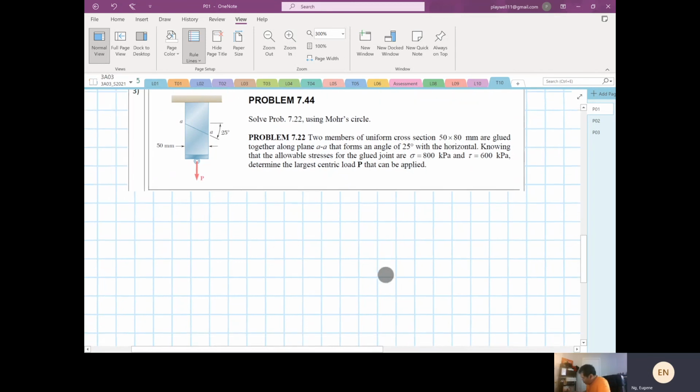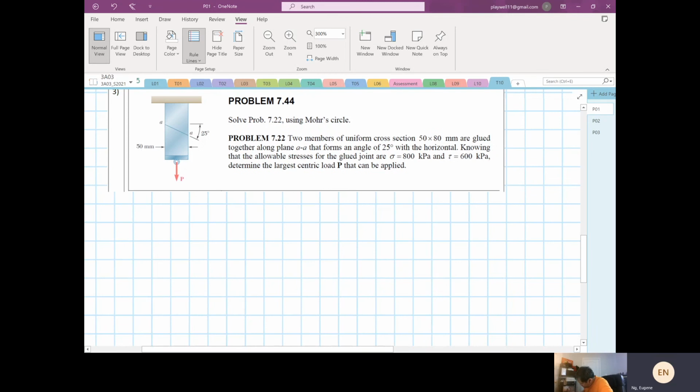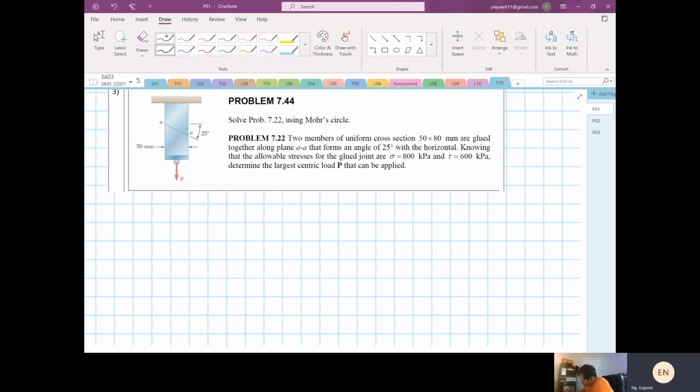So we know that the normal stress allowable is at 800 kilopascal. And what they don't say is that this is unidirectional.